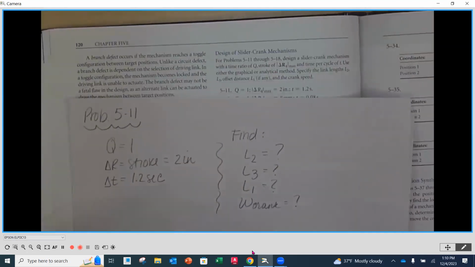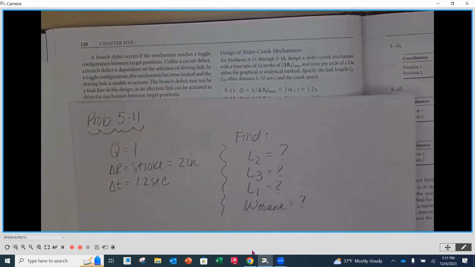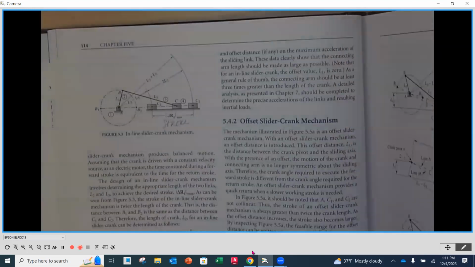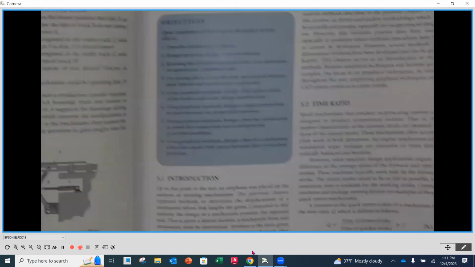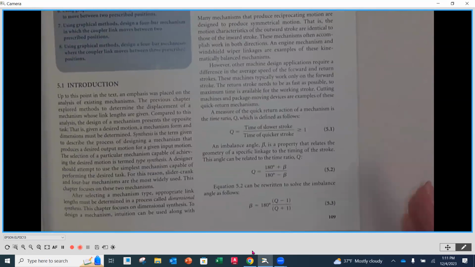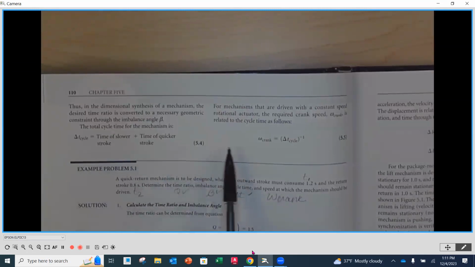All right. So where we're going to focus equation wise is going to be at the beginning of our chapter. Starting on page 109, we're going to be using the equations that are here, as well as the equations that are up here.